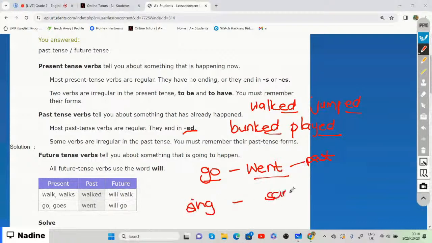Yesterday we sang a beautiful song. So that is a few examples of the past tense verbs, whether it is regular, which is the ones that end in ed, or irregular. These ones we're just going to have to remember because there's no rule, because the wording changes.